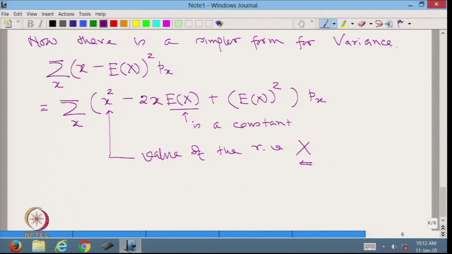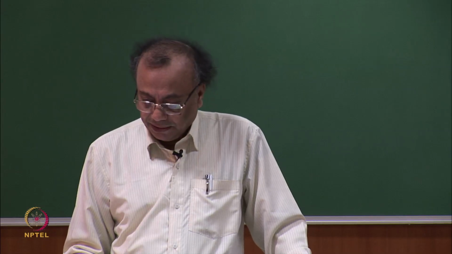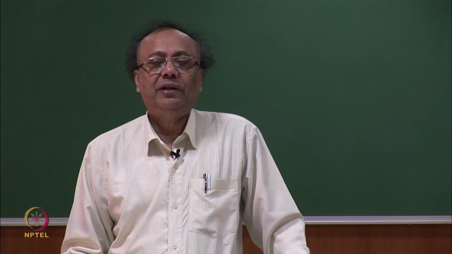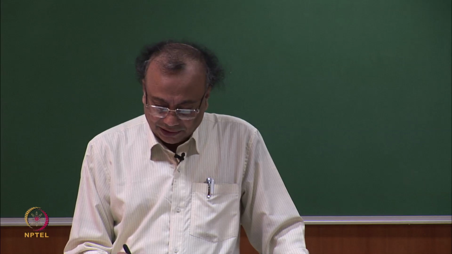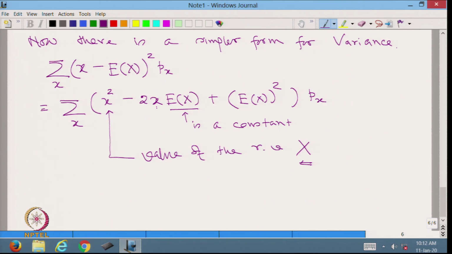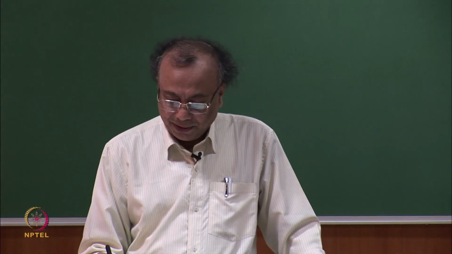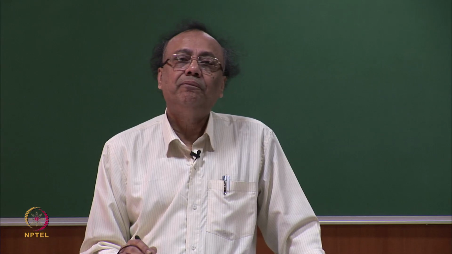I have used it before also, but perhaps I did not explain. So, in case some of you have the confusion, when we use small x, it is a particular value that the random variable can take, but when you use capital X, that is the name of the random variable. That is why when I write expectation of X, I put it in capital X.